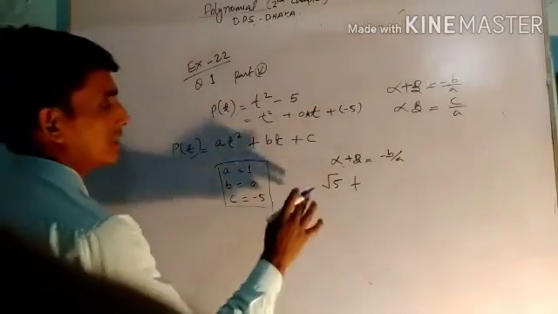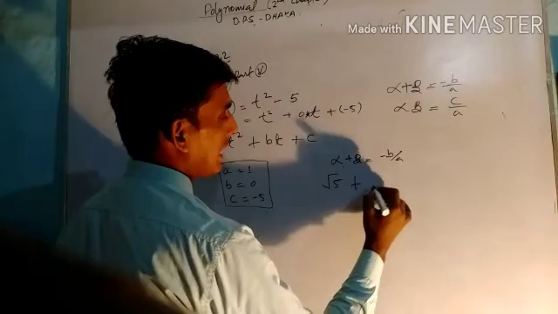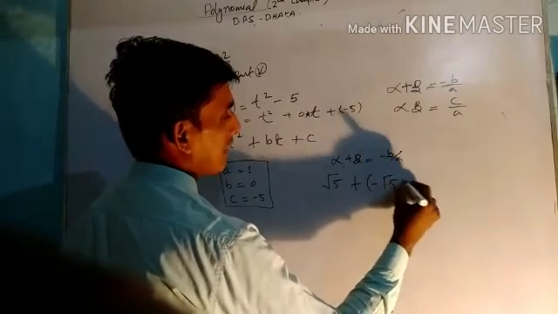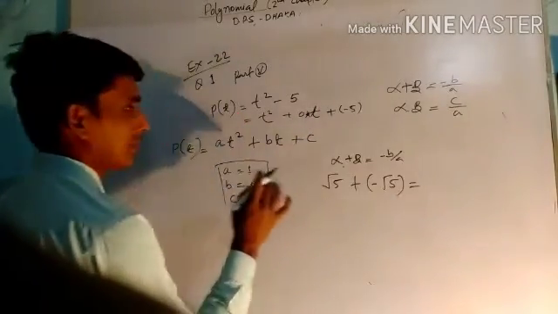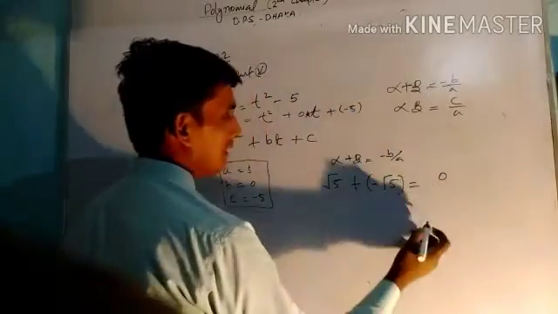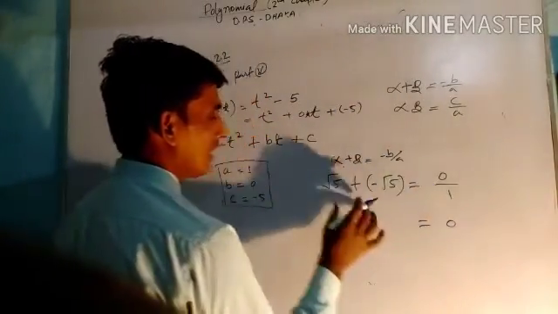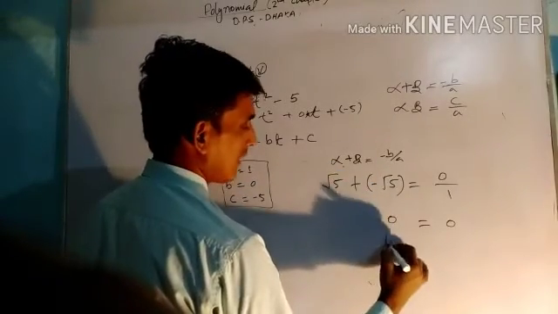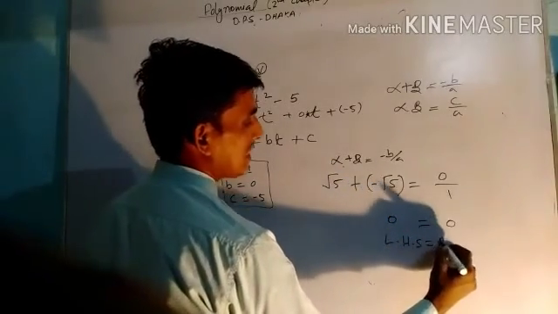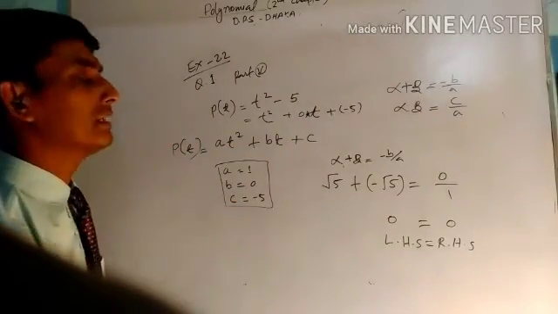So comparing this, you put the value, and in place of beta we put minus root under 5, and in place of minus b it is 0, and 0 by a is how much? A is 1. So it will become 0, and on this side, LHS is equal to RHS. It means the formula or identity is right.